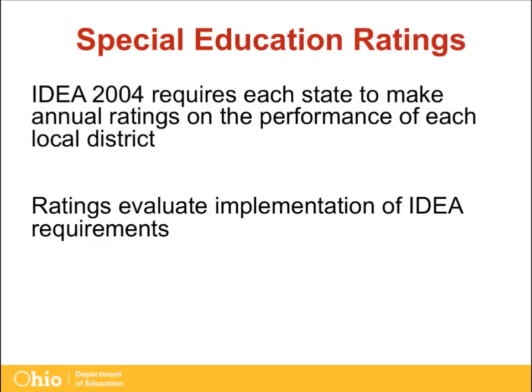Annual special education ratings for states and local school districts are part of the Individuals with Disabilities Education Act of 2004, or IDEA. These ratings evaluate implementation of IDEA requirements. Ohio and every other state receives an annual special education rating from the U.S. Department of Education.